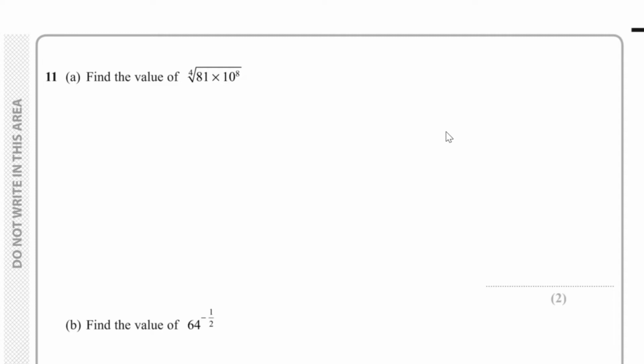Question number 11. We have to find the value of the fourth root of 81 times 10 to the power of 8.